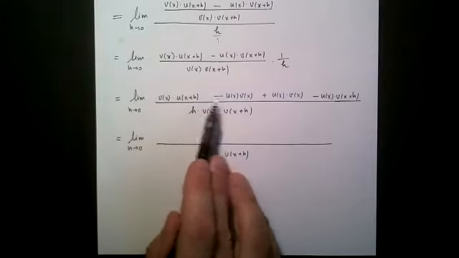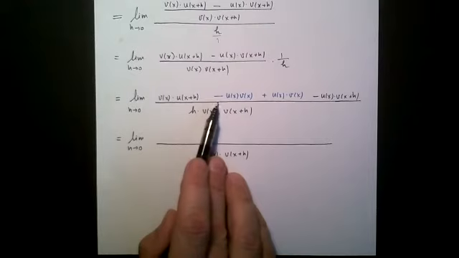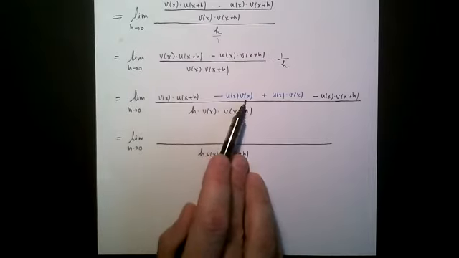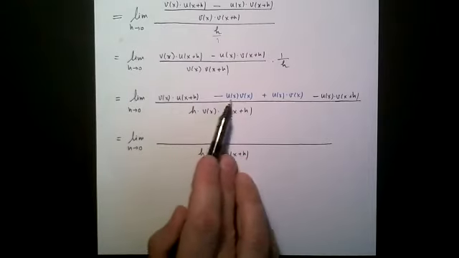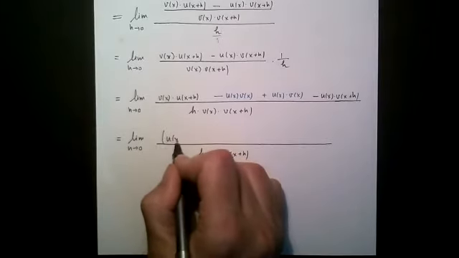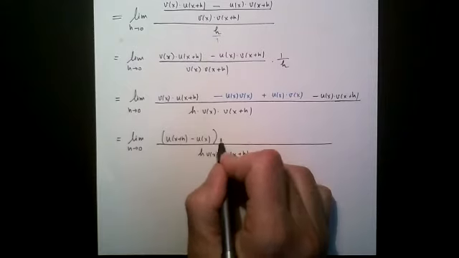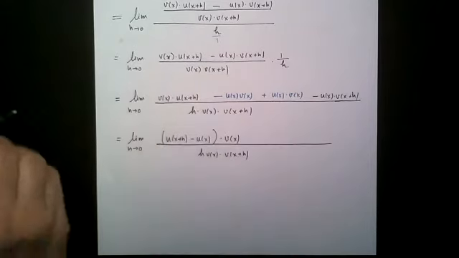So at this point, I'm going to group the first two terms, and I see that I could extract a v of x. So I have u of x plus h minus u of x, all this times v of x.